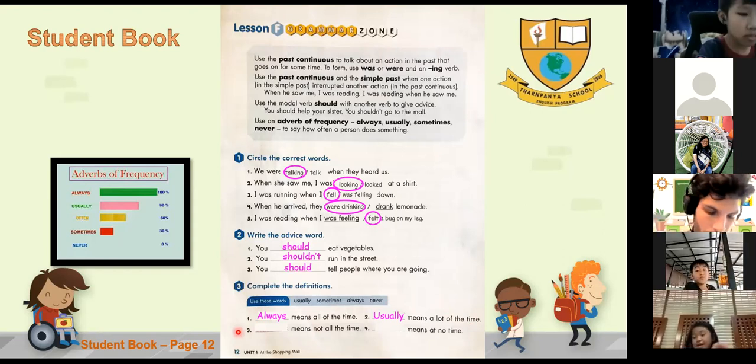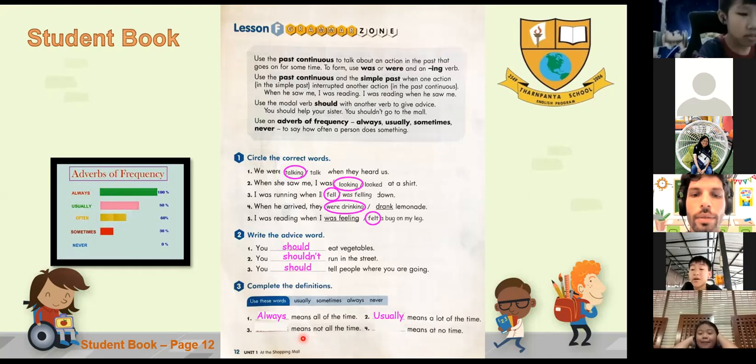Then we have number 3. Another missing word means not all the time. Means not all the time. Never? Sometimes? Are you sure?